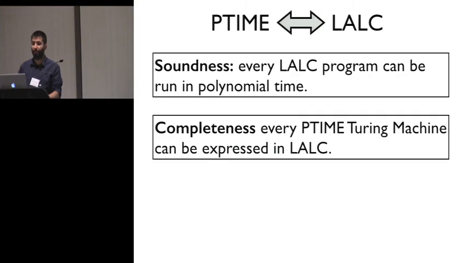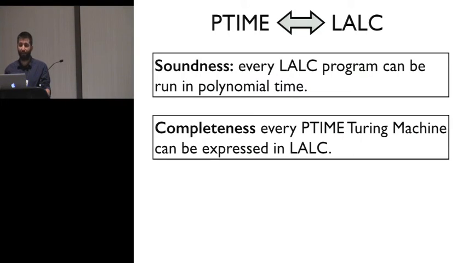But let's go back to the language that I will consider today. I say that it corresponds to the class P-time, but let me be a bit more specific. What is this correspondence? We have that every program of this language can be run in polynomial time, and this is the soundness. And we also have a completeness that says that every P-time Turing machine can be expressed in the language.